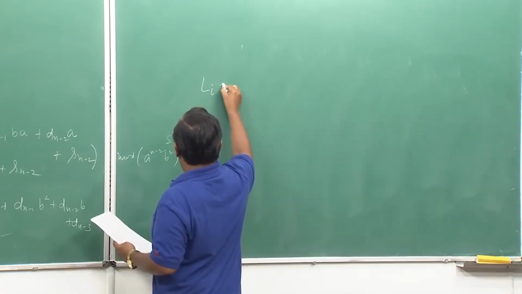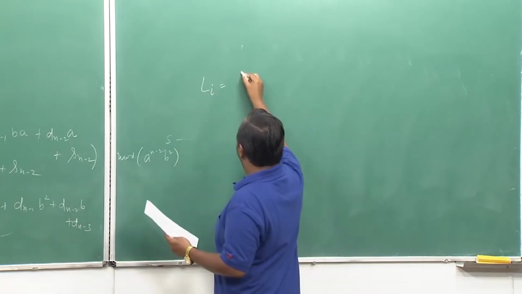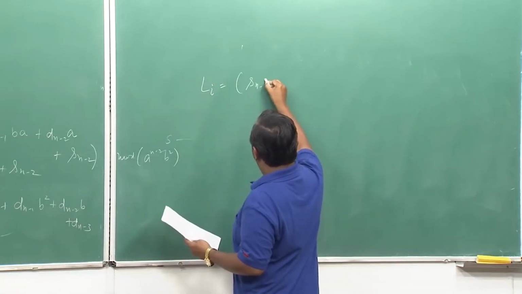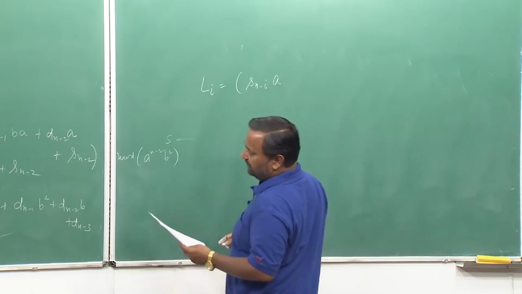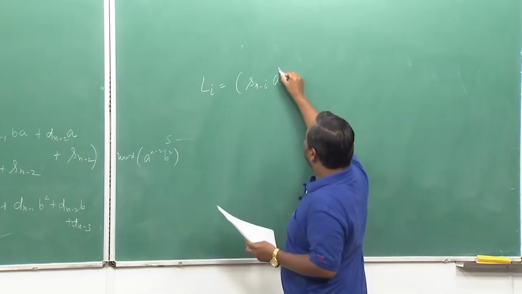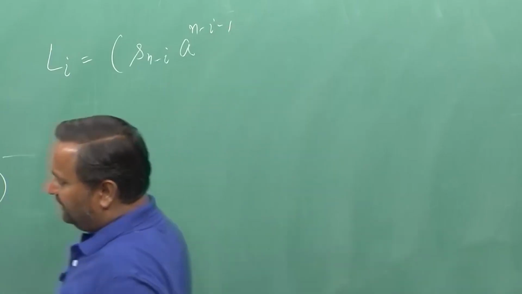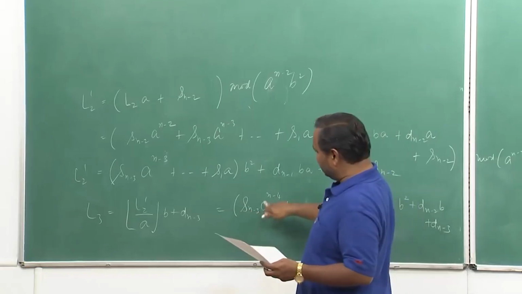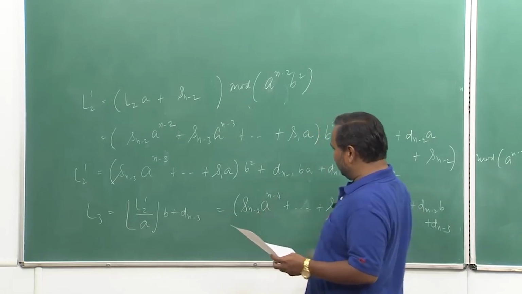So Li will now be given as Sn minus I a raised power n minus I minus 1; you can read it from here, n minus I, n minus 3 minus 1.